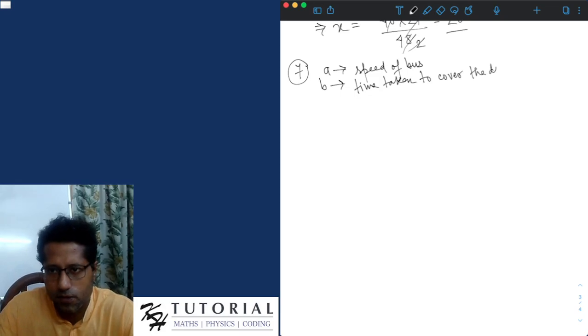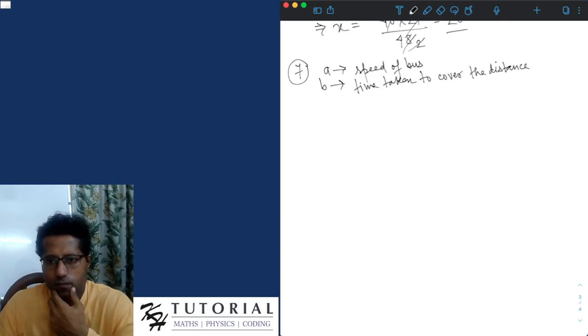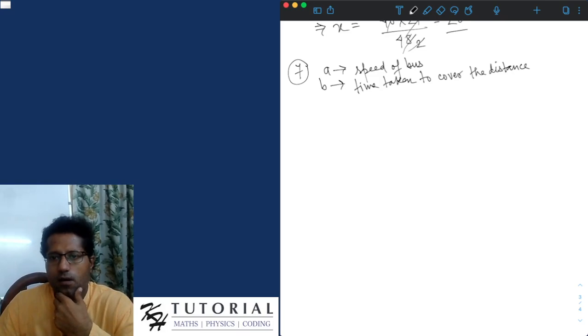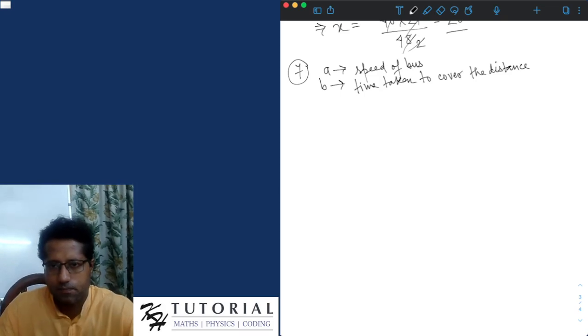Here the distance is fixed. So we are considering A as the speed of the bus, in kilometer per hour, and B as the time taken to cover a certain distance running at a given speed.